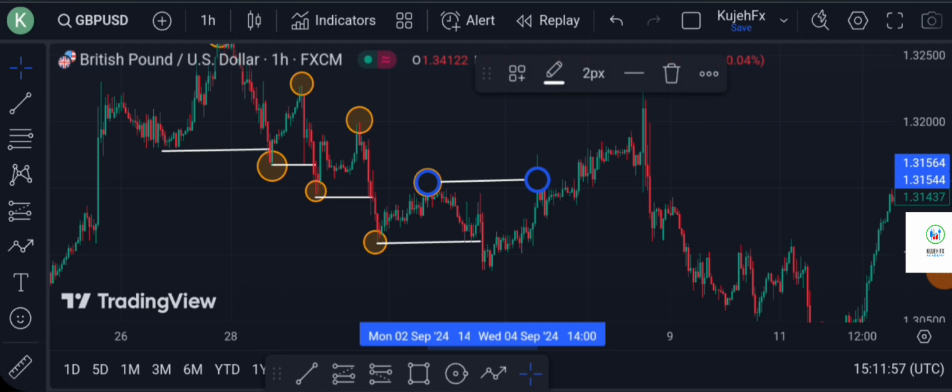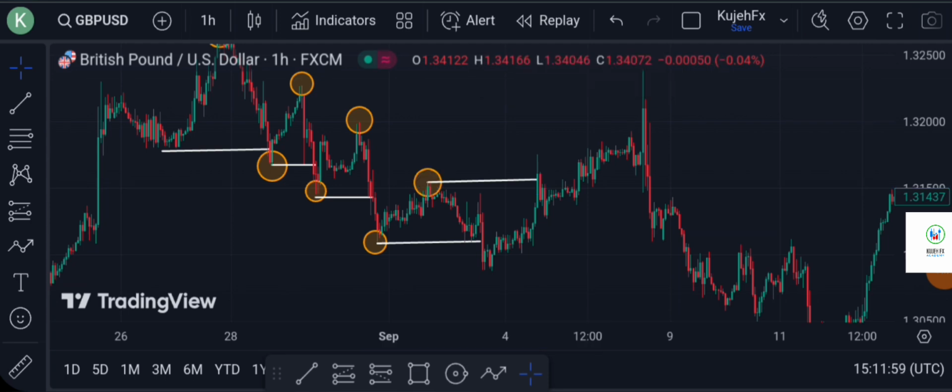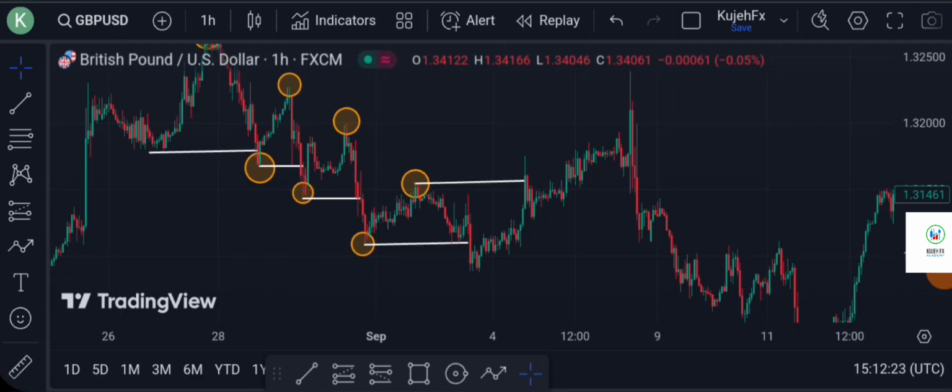Why? Because the market broke structure in the opposite direction, telling you that it wants to change its trend from downtrend to uptrend. So when this happens in the market, you should be aware that buyers have now taken control of the market and the market wants to go uptrend. So you should be looking for buying opportunities in this kind of market.